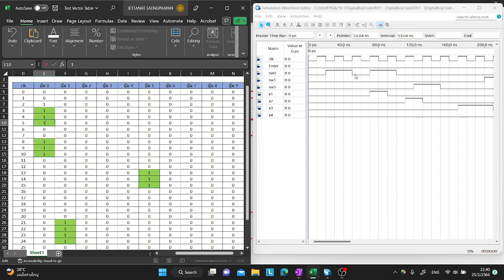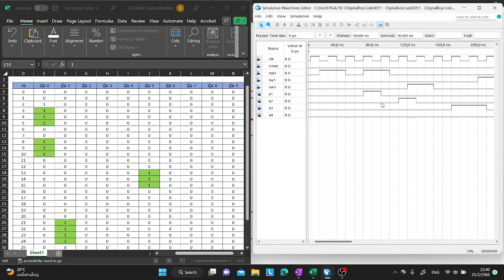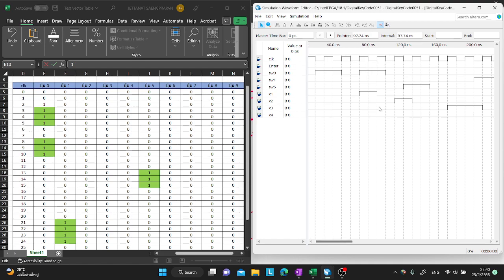And the next, in clock 6 and 7 and 0, because it's released from pressing 0, and then clock 8 I press 0 again, so it's going to delay for a while, and the LED 2 just shown.